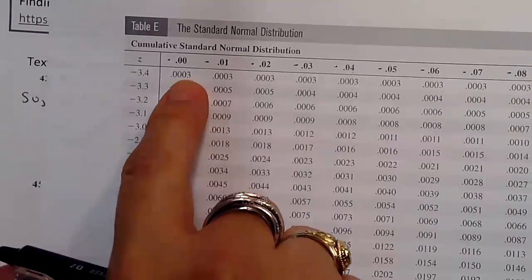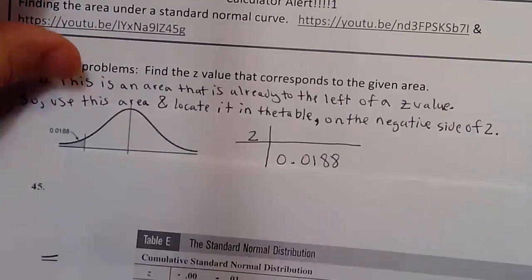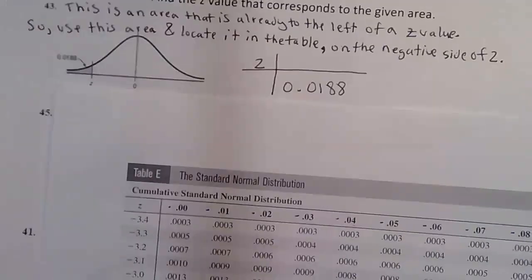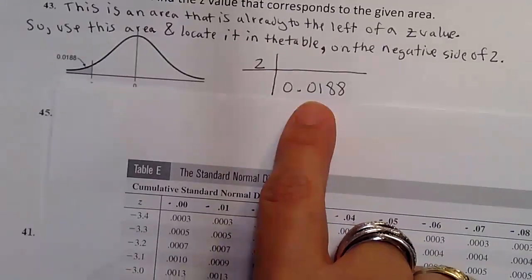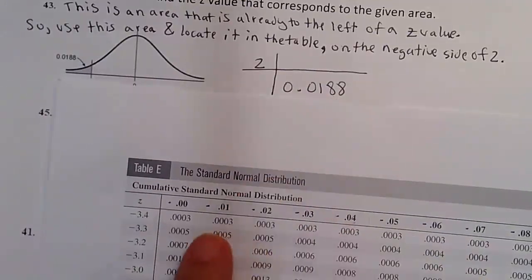This is 0.0003, and you're trying to look this up. It's almost like looking for a needle in a haystack, looking for 0.0188, but there is some order to this. You see these areas are increasing as you move along.